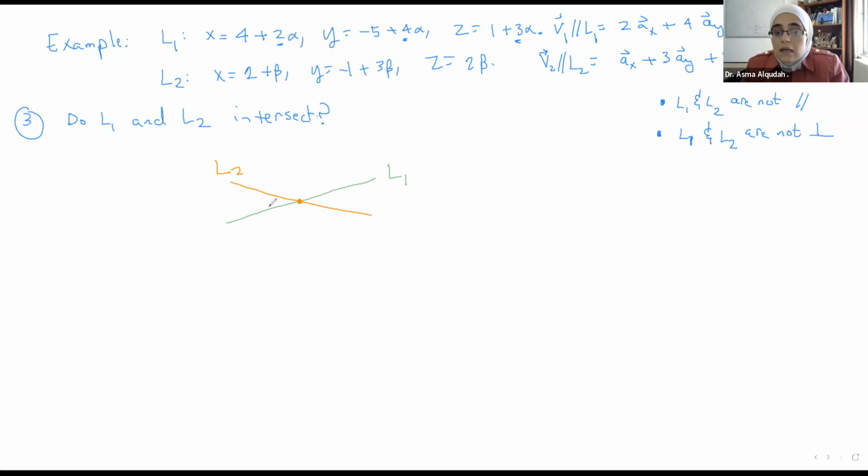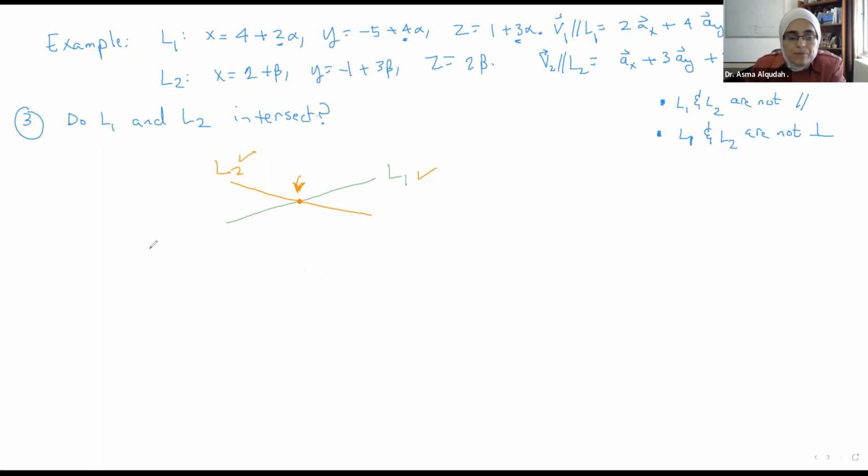So this point should satisfy both the equations of L1 and the equations of L2 at the same time. We don't know the coordinates of this point, so we use variables and then try to find the values of these variables.